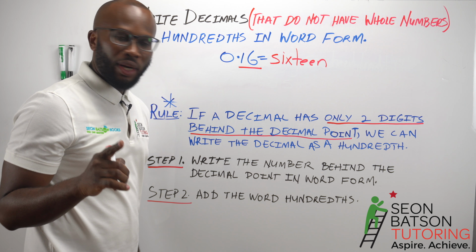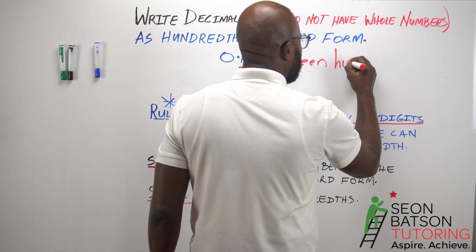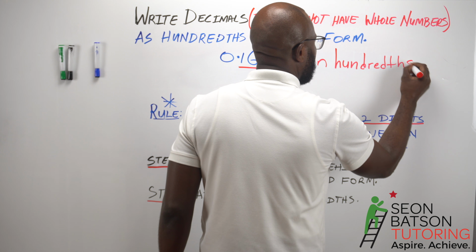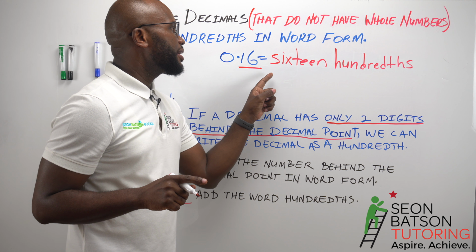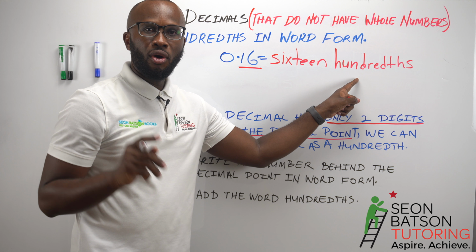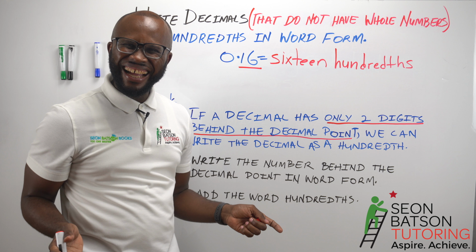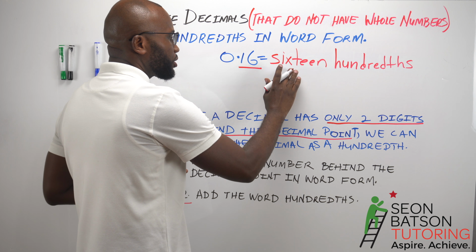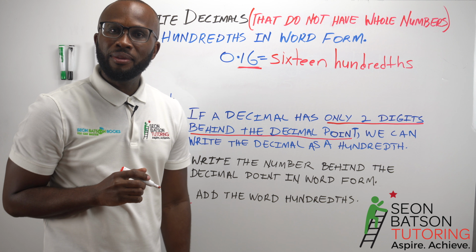And then step 2, we do what? Add the word hundredths. That's it, my friends. So if you were to see 0.16, you will say 16 hundredths, or you would write 16 hundredths. How was that? And again, we were able to write this decimal as a hundredth because there are only 2 digits behind the decimal point.